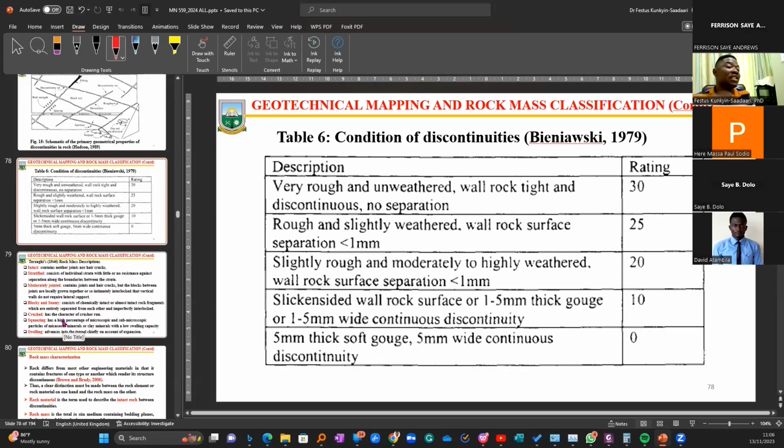If I think that the description I'll give to the rock falls within these, I give it a value. So at the end of the day, at the meeting, I have a value I am talking to. If I gave it 25 and you gave it 30, we can find the average of the values we have each allocated, and then we have a central value to draw our conclusion.